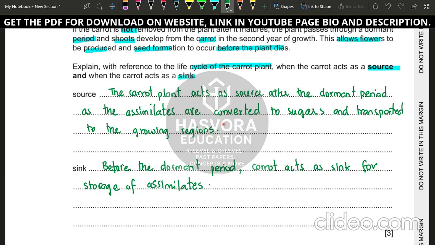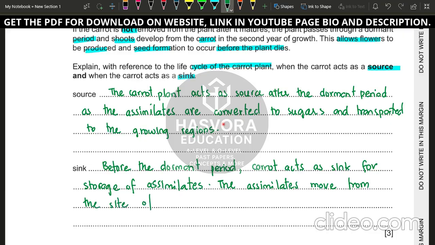So all of the assimilates move from the site of photosynthesis. Whenever the carbohydrates, the glucose, are manufactured, the sugars are converted to starch, and then it is being stored in your root, which is the carrot here. So the assimilates move from the site of synthesis.